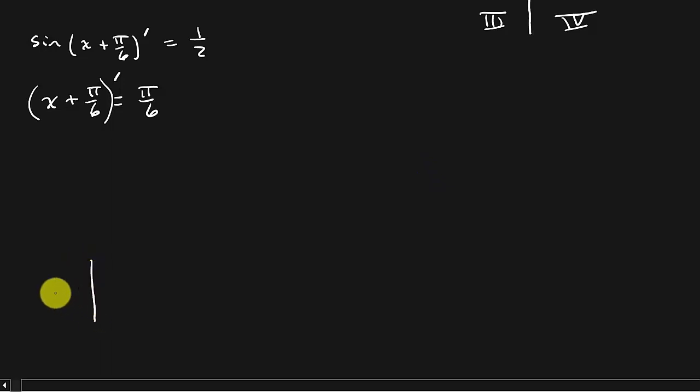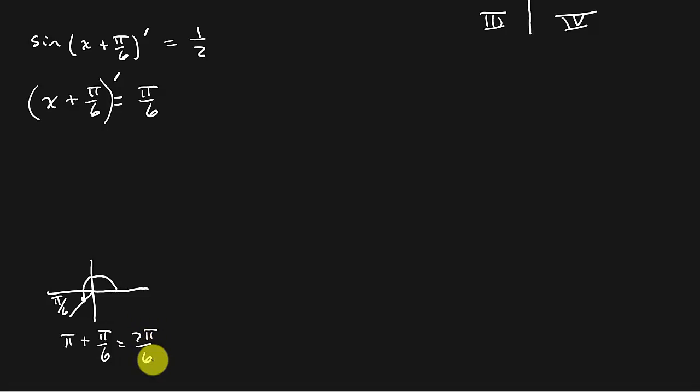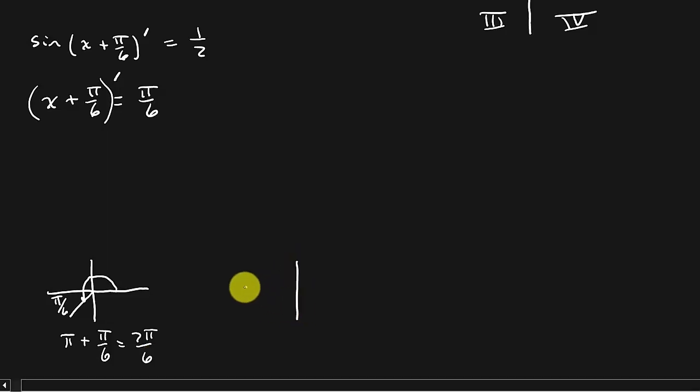So let's do that. So let's get the third quadrant. So there's my angle. There's my reference angle. And so I get what? Pi plus pi over 6. That's going to be 7 pi over 6. Now let's find our fourth quadrant angle.